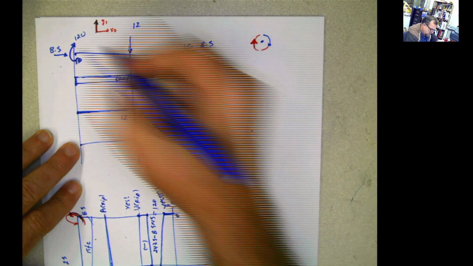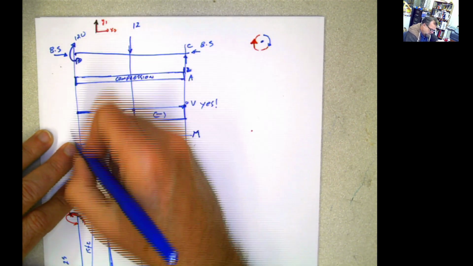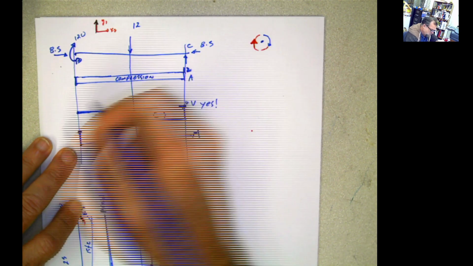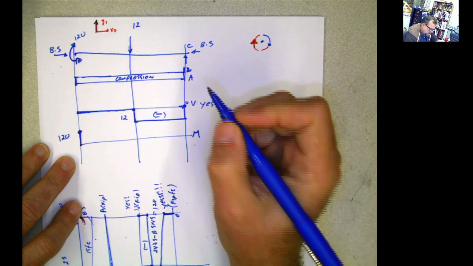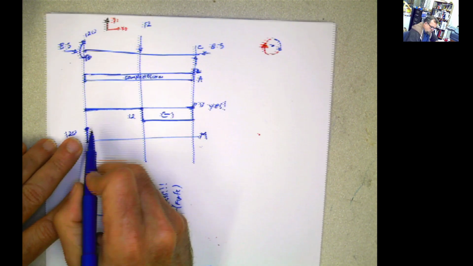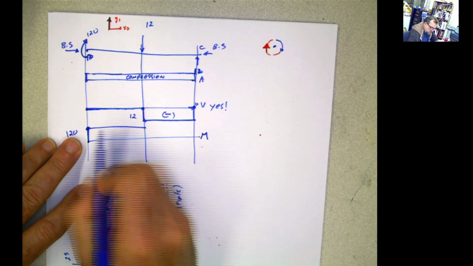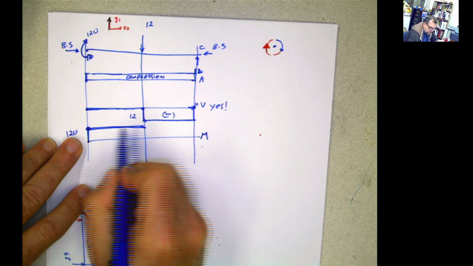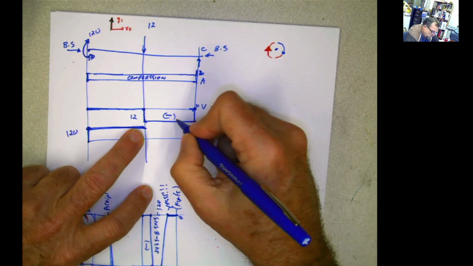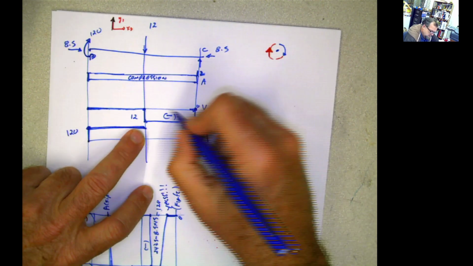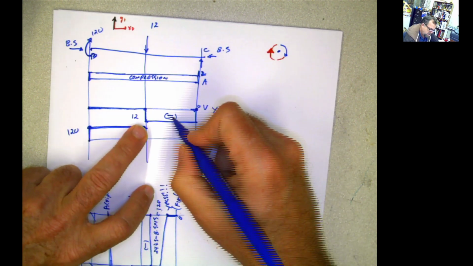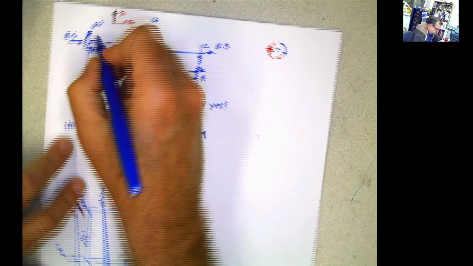At that point, you see the left side of the moment is pushing it up, so this is going to jump up to 120. Now the shear here is 0, so there's nothing that is going to change that moment up to that point, so that means it's going to be constant. And then we find this negative area. This is positive 120, and then you have negative area of 12 times 10.